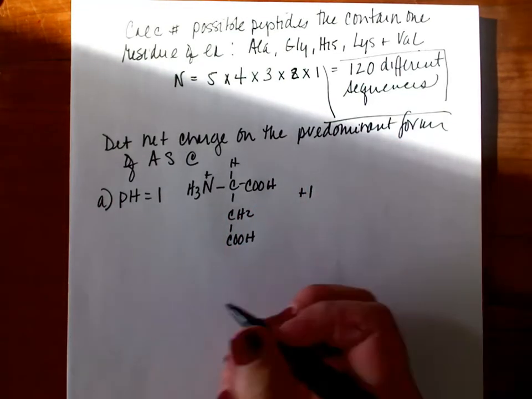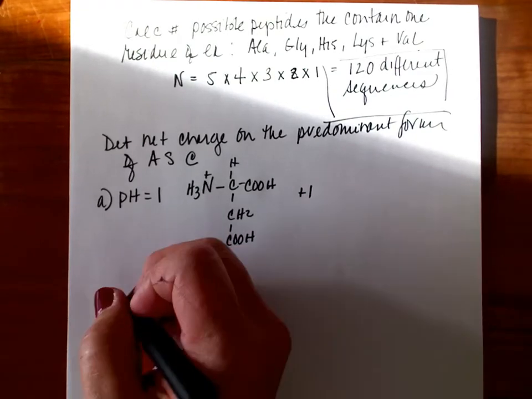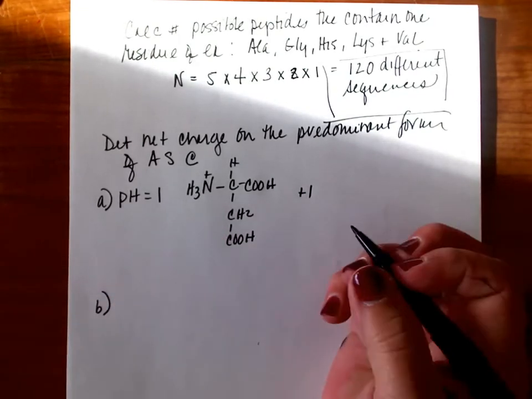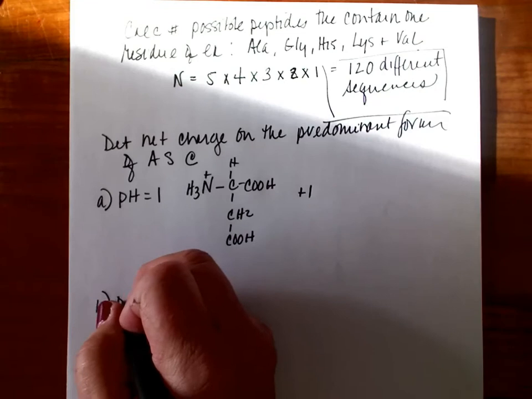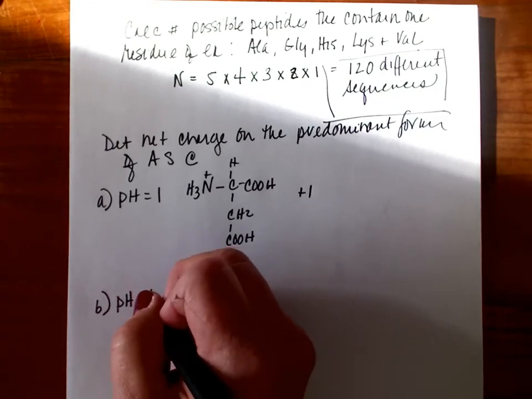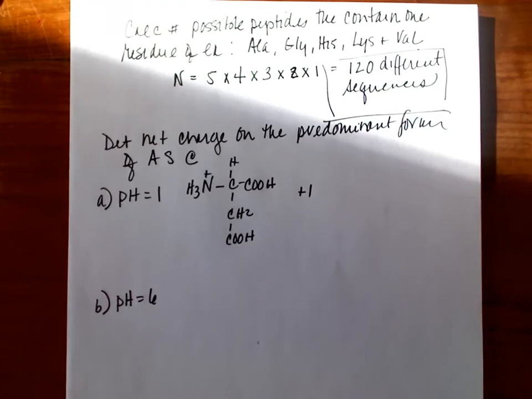And the next pH you're asked to calculate or draw the structure for is a pH of 6. By that time, we've hit the pK of both the alpha carboxyl group and the side chain group.